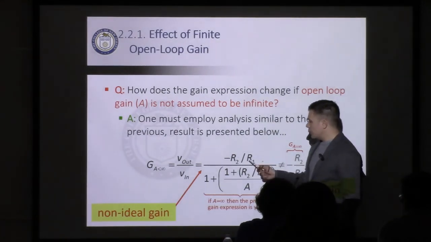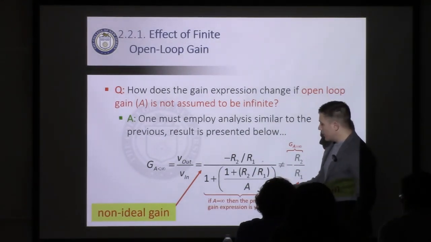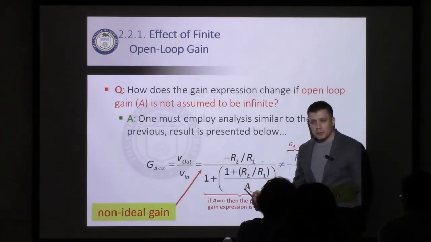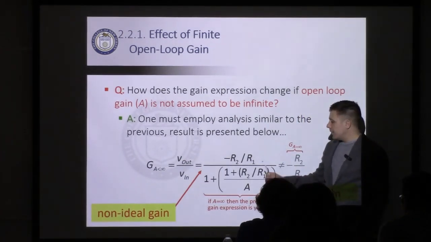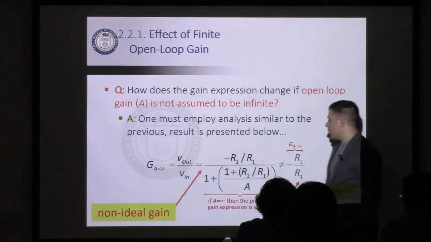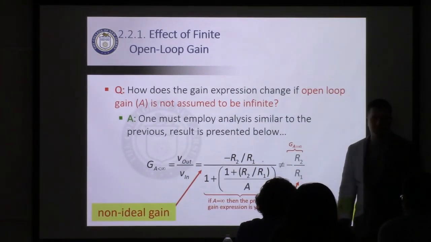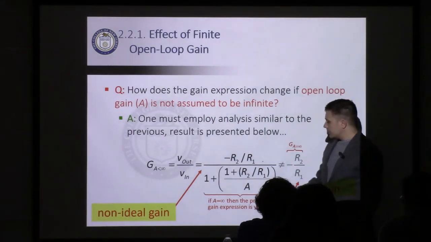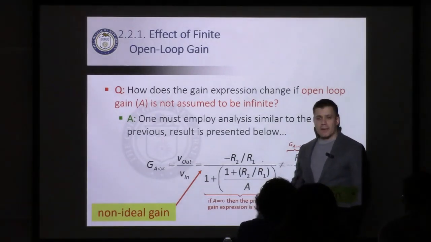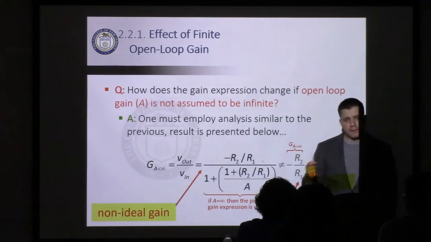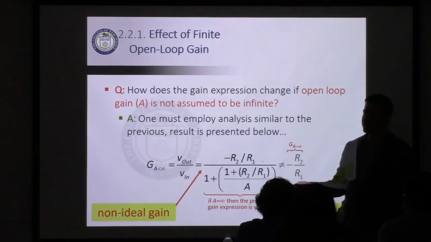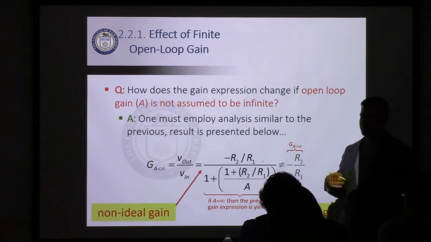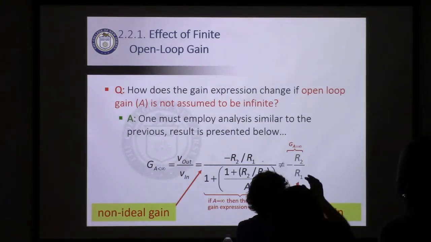The R2 and the R1 values you already know. The only thing you need to plug in is the A value. You'll note that if we plug in A equals infinity, this term goes away, and what we're left with is our ideal expression. So this is one that you'll have on your cheat sheet. You should be familiar with it, know how to use it, but again, we're not going to derive it. You just need to know that you should plug in the appropriate value of A.